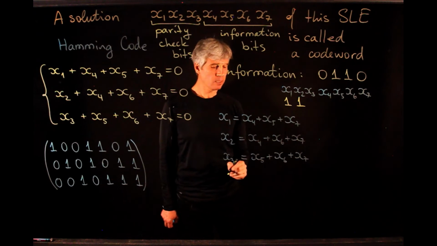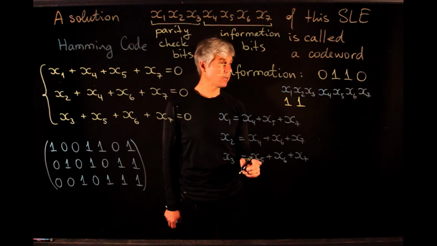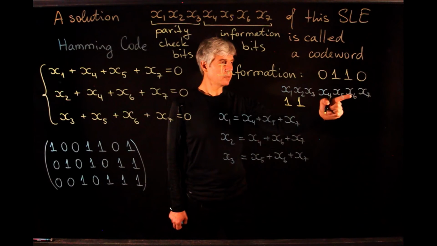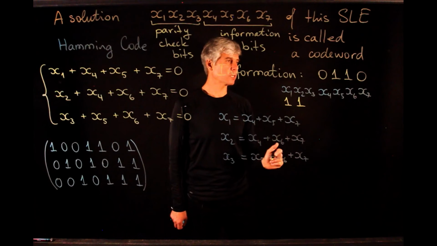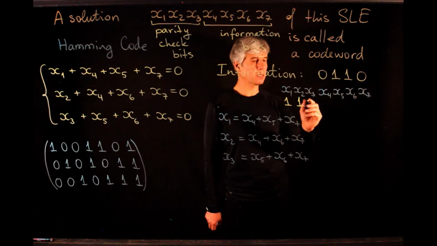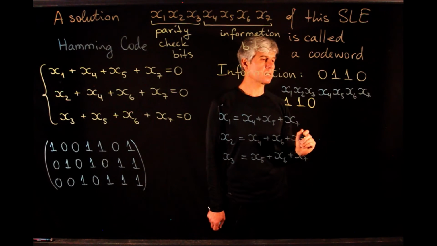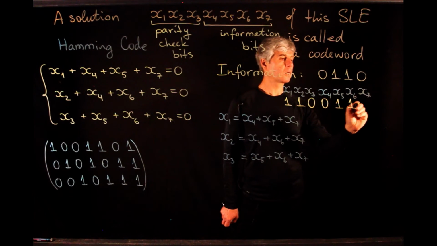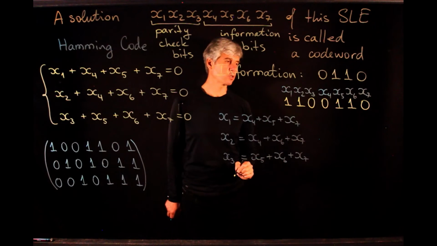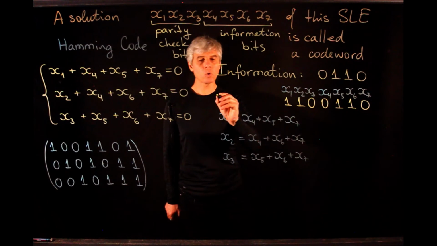And x3 is x5, 1, plus x6, 1, plus x7, 0. 1 plus 1 plus 0, that's 0 in Z2. And we use the same information bits. So this is our code word here.